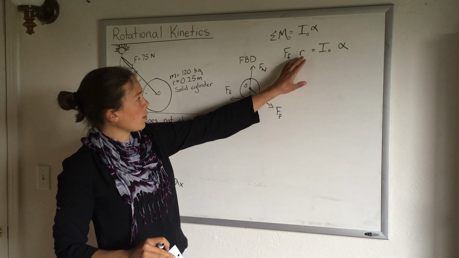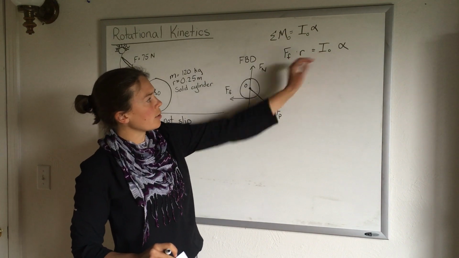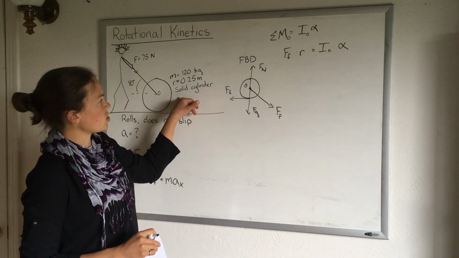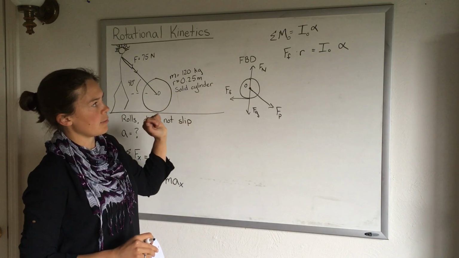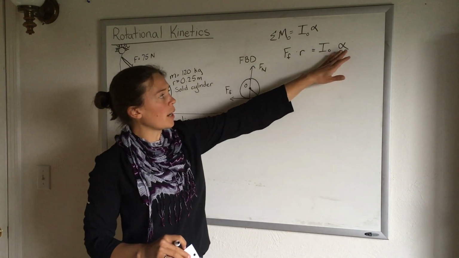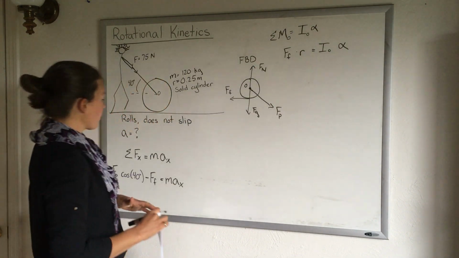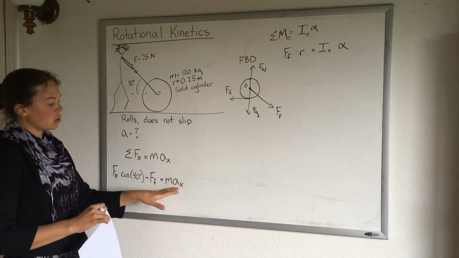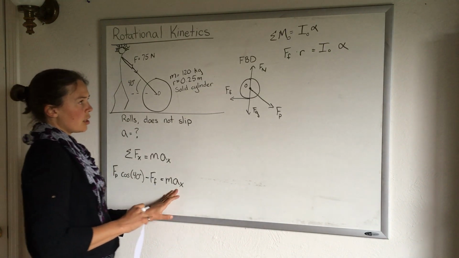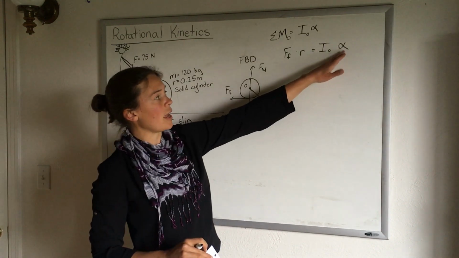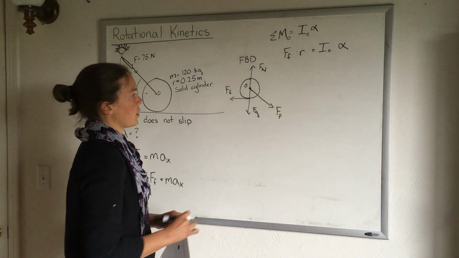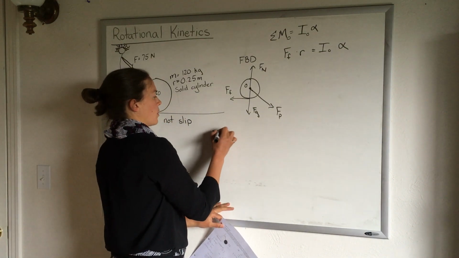In this equation, I know my radius. I think I can calculate my mass moment of inertia because this is a solid cylinder and I know my mass and my radius. But I don't know my alpha. And this is another place where the actual x acceleration is related to the angular acceleration alpha. So first of all, let's go ahead and find my mass moment of inertia.